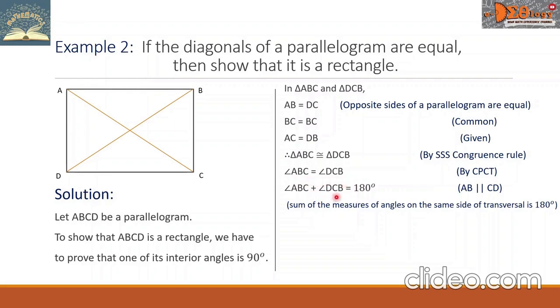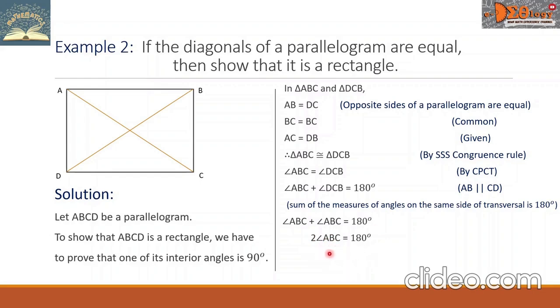In the first equation, we say that angle ABC equals angle DCB. So, in the second equation here, we can substitute the value of angle ABC for angle DCB. So, we rewrite this equation as angle ABC plus angle ABC equals 180 degrees. We simplify the left side into 2 times angle ABC.